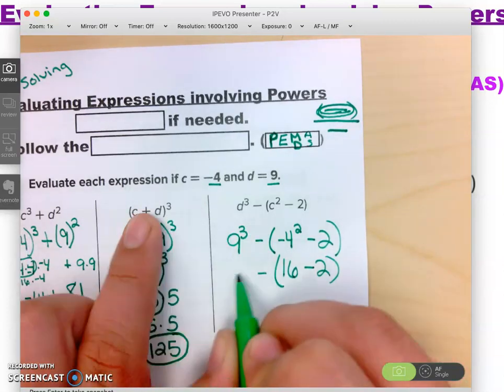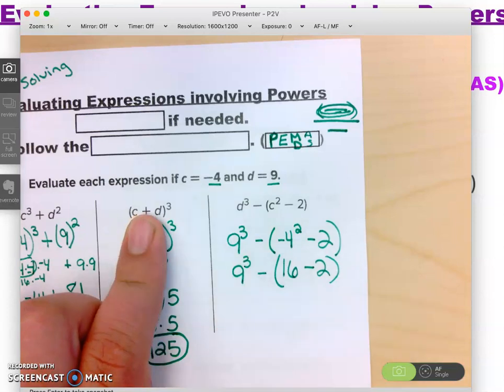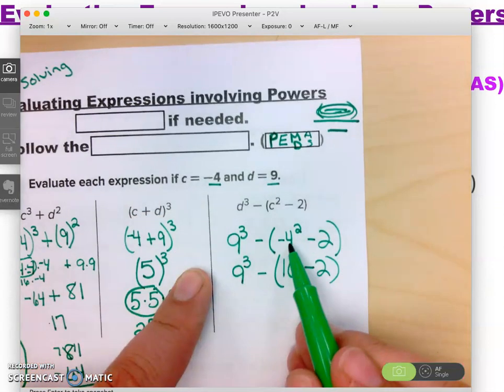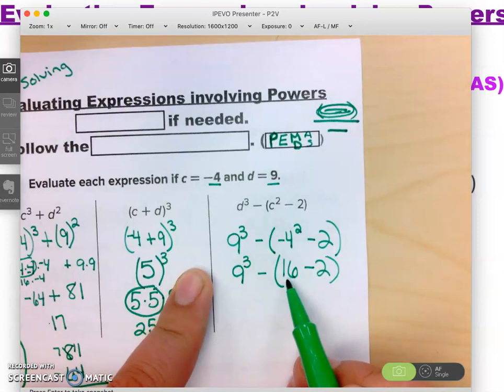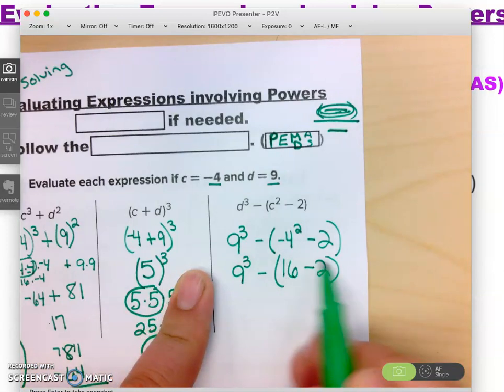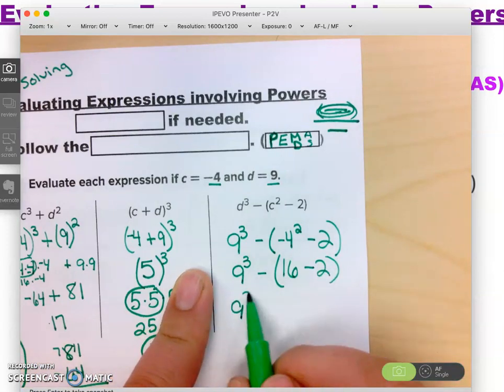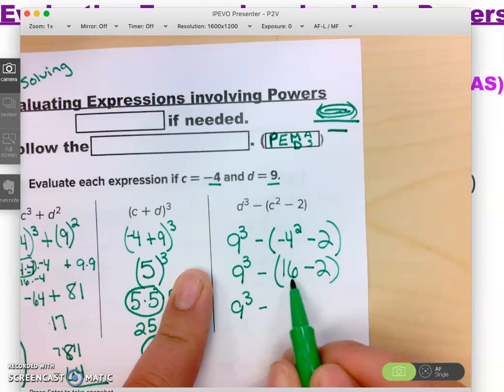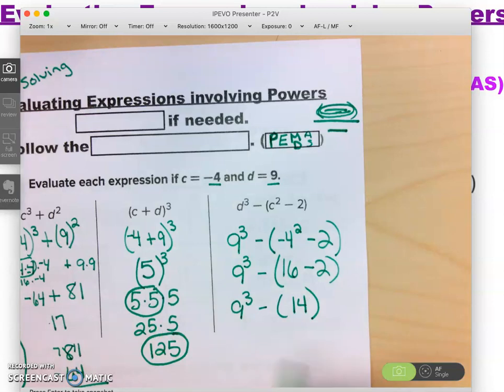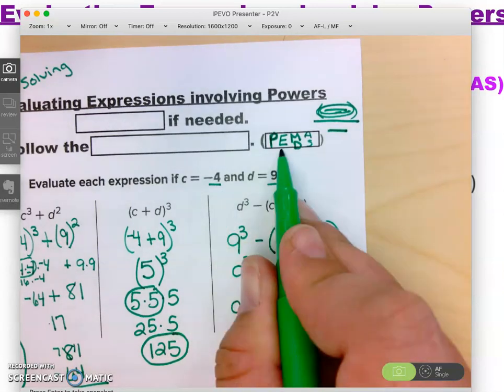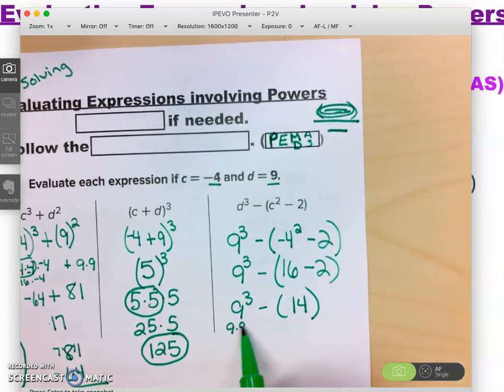Now I'm going to write my steps, and I'm going to show each. So this became this. That's my first step. My next step is do whatever is in my parentheses. So I'm going to rewrite everything except what I'm getting rid of. So 16 minus 2 would be 14. Then I'm going to do my exponents. So 9 times 9 times 9.